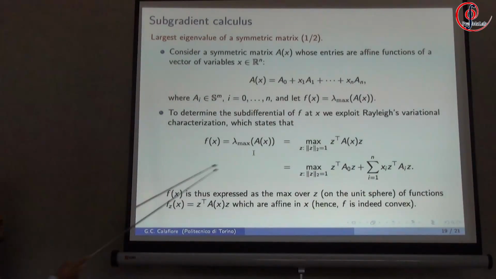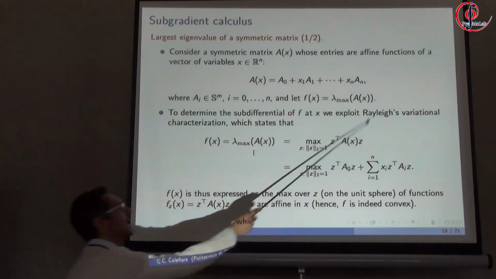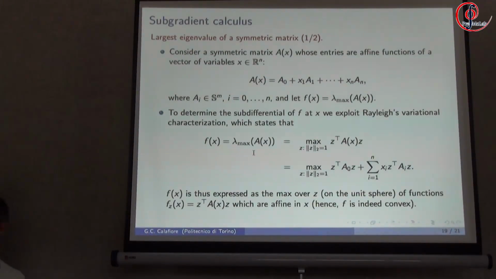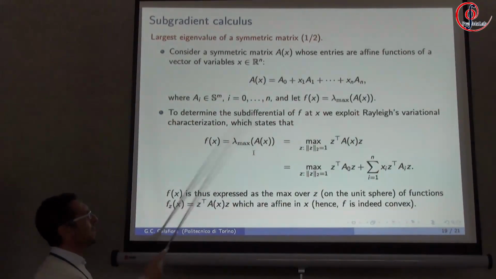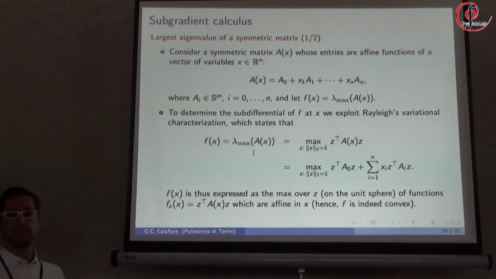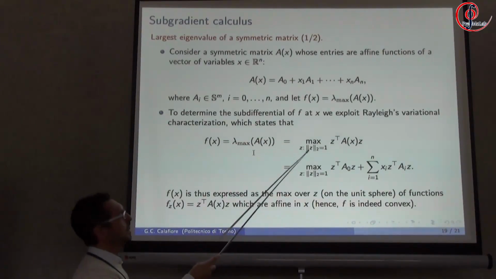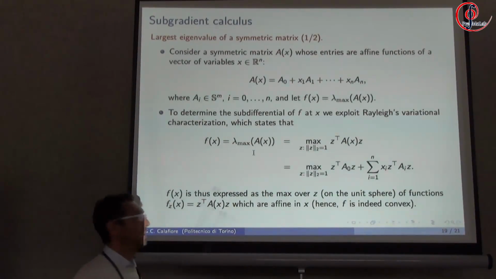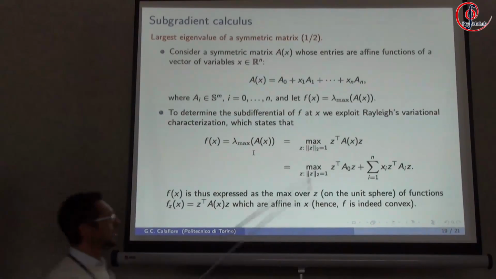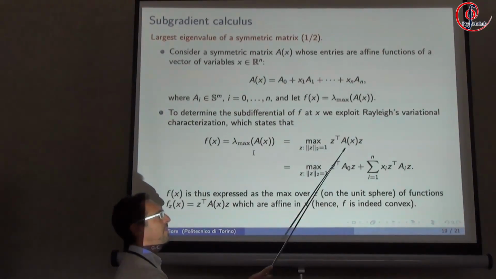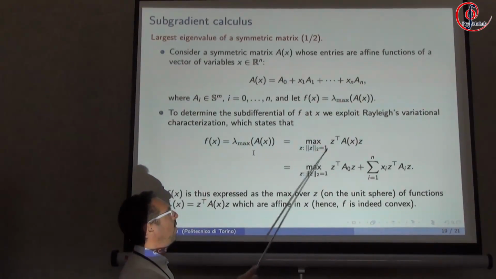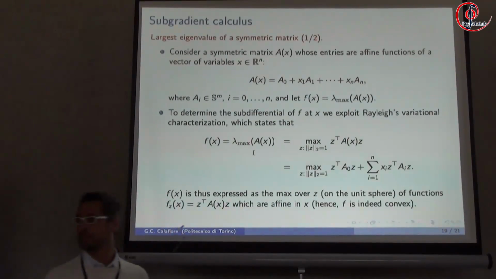So here we use the so-called Rayleigh variational characterization of the eigenvalues of a symmetric matrix, and it turns out that the maximum eigenvalue of a symmetric matrix can be expressed in the form of the maximum of a quadratic form over the unit ball.